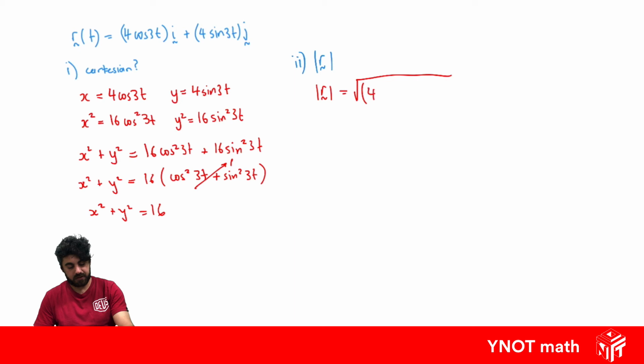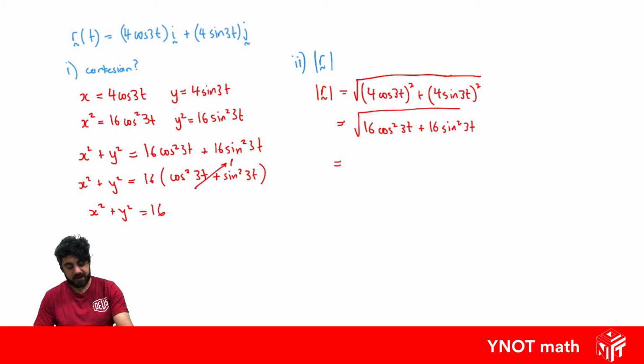So we get 4 cos 3t all squared plus 4 sine 3t all squared. So we get the square root of 16 cos squared 3t plus 16 sine squared 3t.